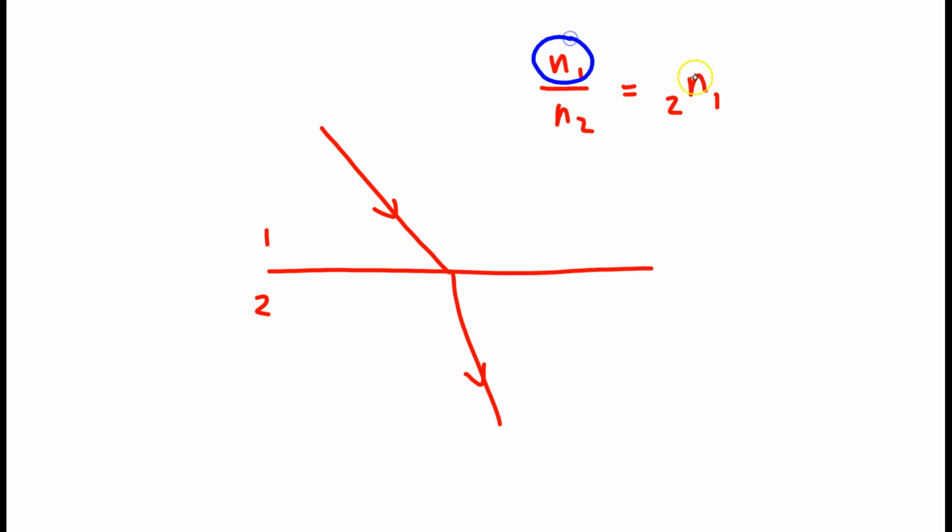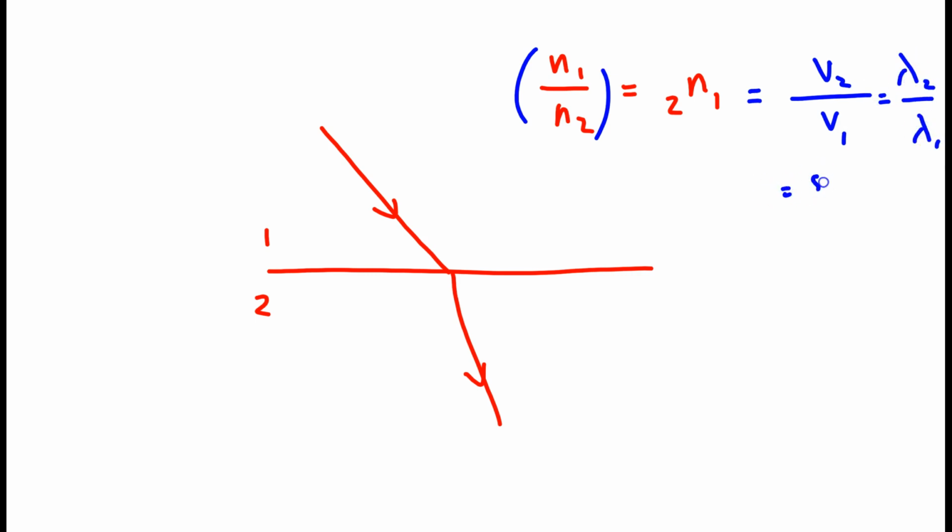In other words, it's the refractive index of medium 1 compared to or relative to medium 2. This is a notation you may see, and it simply means this ratio, which is equal to speed 2 over speed 1, lambda 2 over lambda 1, and of course sine theta 2 over sine theta 1.